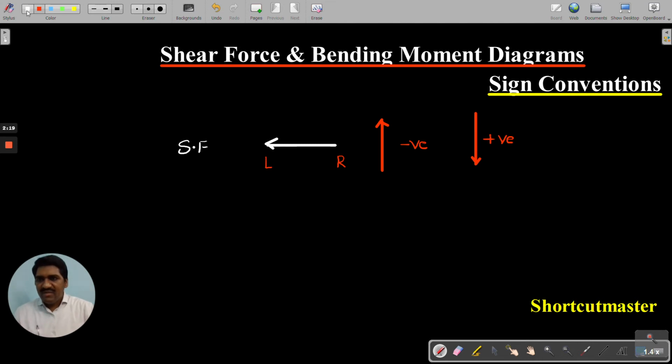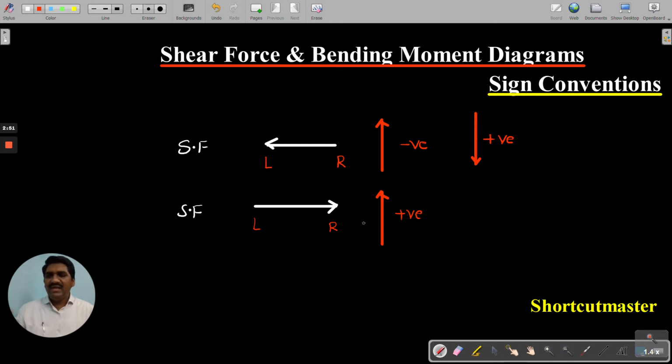For the same shear force, now I am moving from left to right of the beam. While moving from left to right, the upward force should always be taken as positive as usual, as we learn in engineering mechanics.